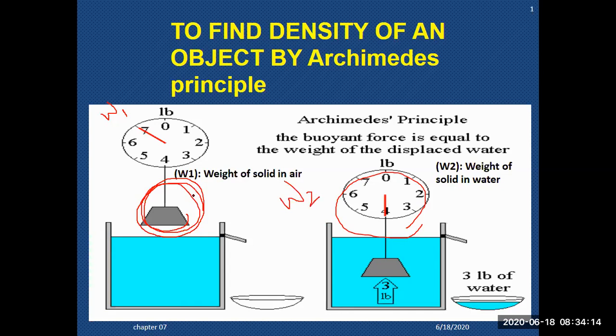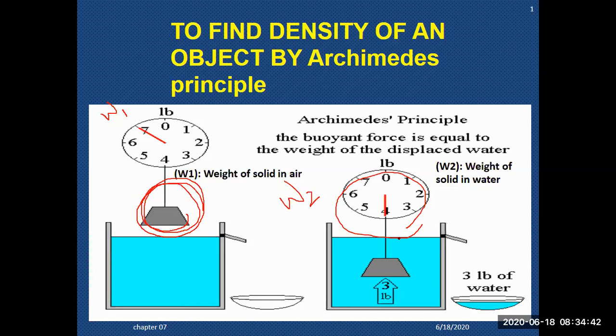In air, the weight of the block will be more, but in water, the weight of the block will be less. Why? Because in air, the upthrust of the air molecules acts in the upward direction, opposite to the weight of the block, but it is very small compared to the upthrust of water.